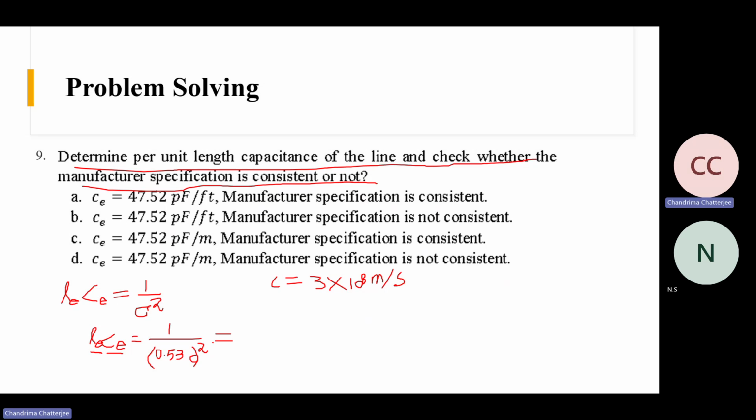If you do c square, then in the denominator we have 10 power 8. So here it becomes 1.56 into 10 power minus 16, right?